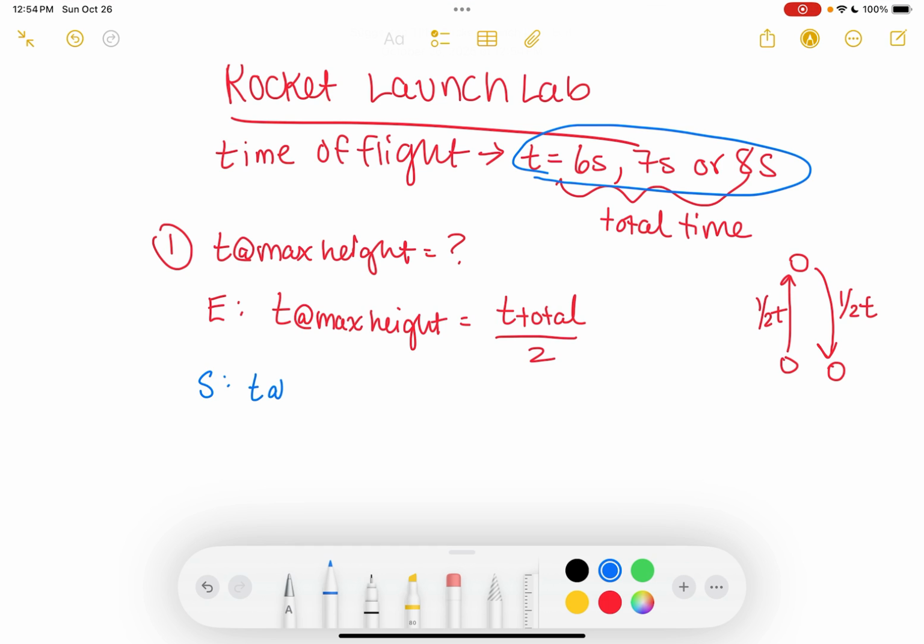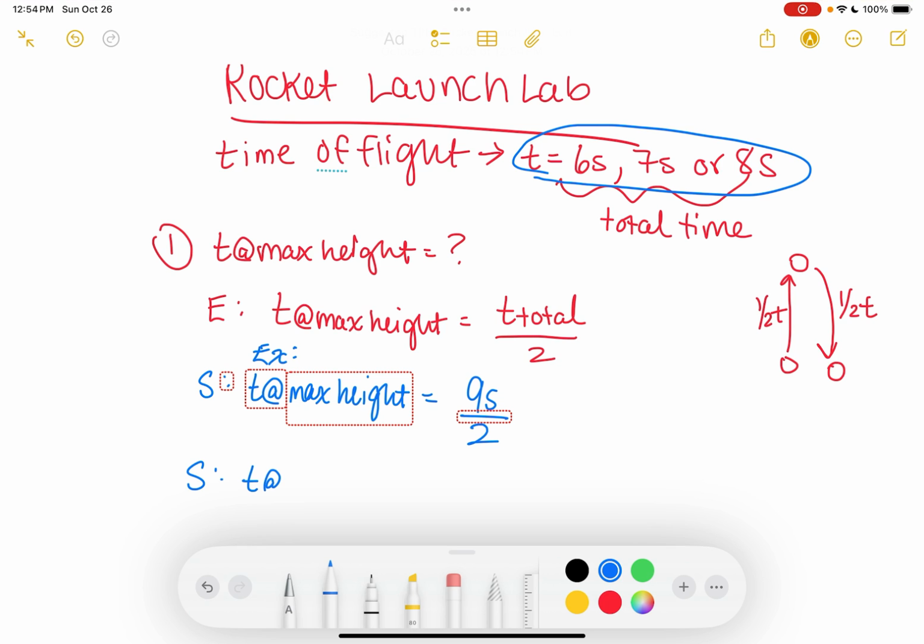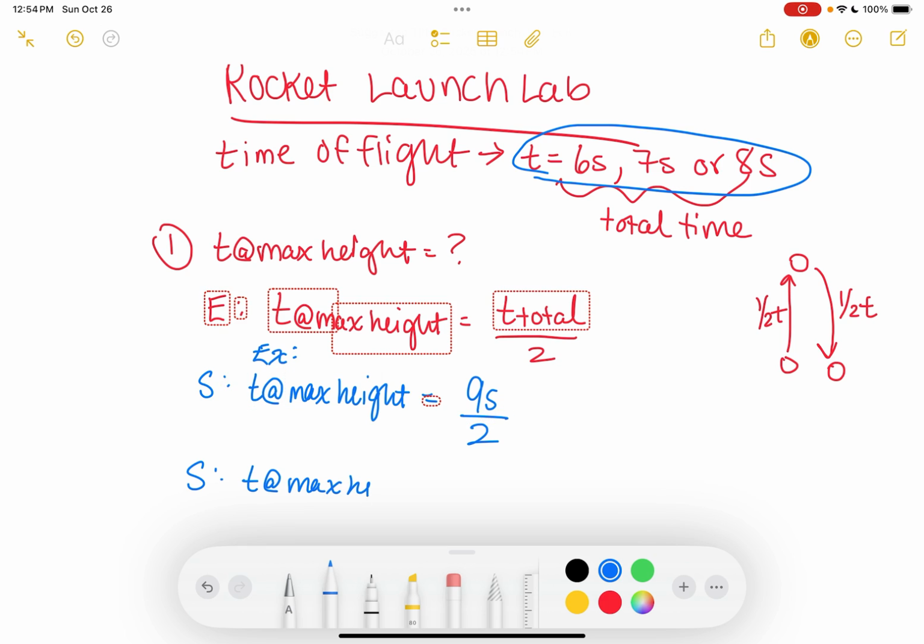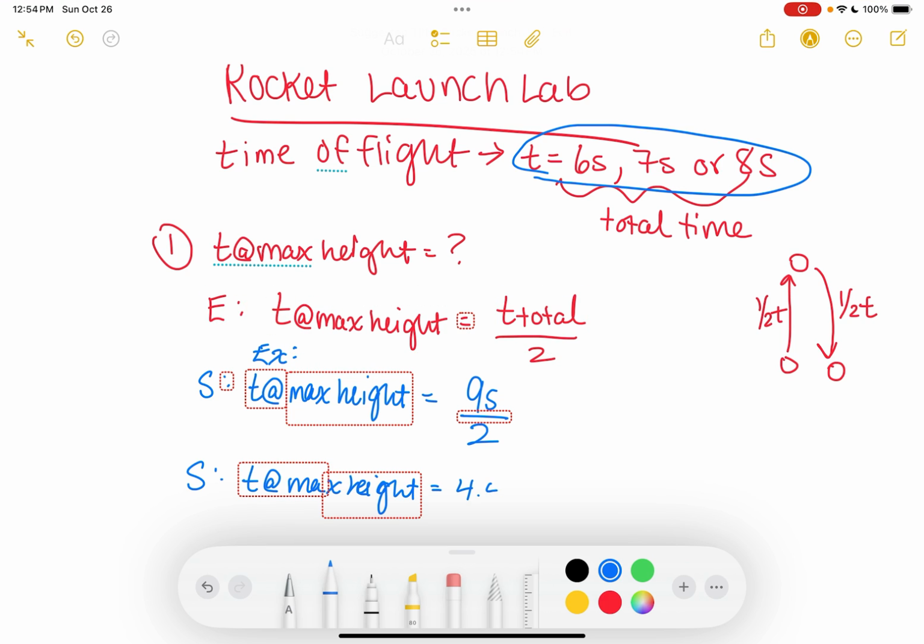You're going to say time at max height equals, let's say for example, again, this is just my example, I'm going to make the time just in my example 9 seconds, just to be different. Okay, so then I would say T at max height is equal to 4.5, not meters, 4.5 seconds.